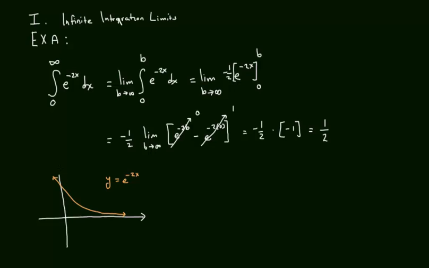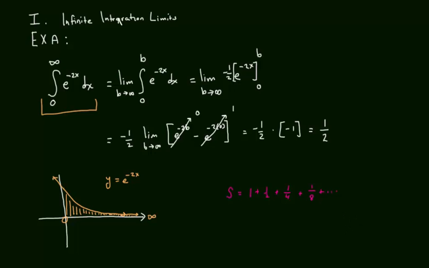And suppose we tried to translate this integral into a geometric expression, maybe the area under the curve from 0 all the way out to infinity. Well, if I were to look at this area, since this is asymptotic and never touches, one could argue that the area diverges. It never comes to a value, it continues to grow. But we say in this case that that area converges to 1/2.